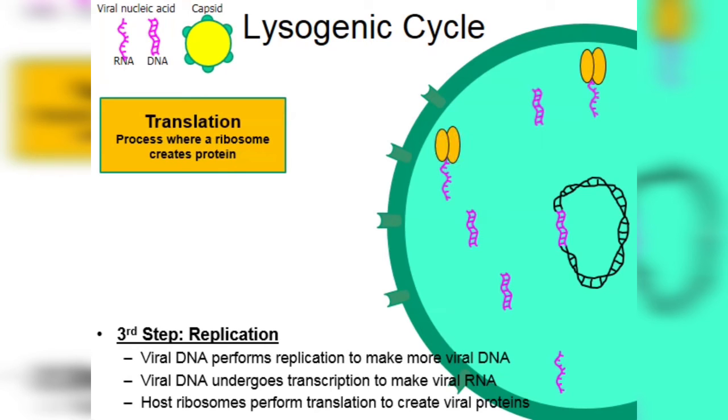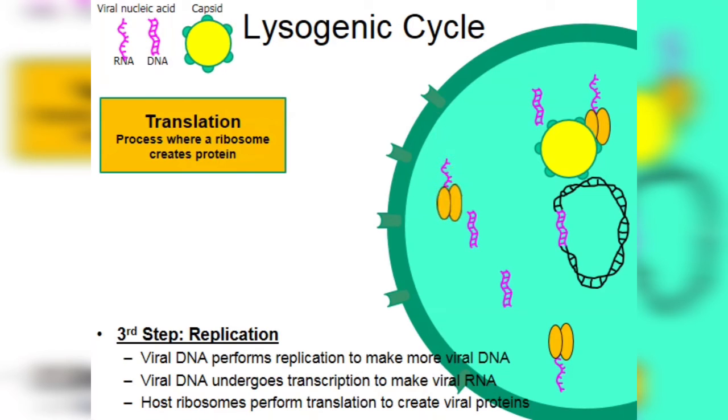So there's a ribosome, there's a ribosome, there's a ribosome. Through translation, a bunch of amino acids are gathered at the ribosome to make a protein. And notice in this case, the protein looks an awful lot like the capsid of a new virus. That's because the capsid is made of protein.